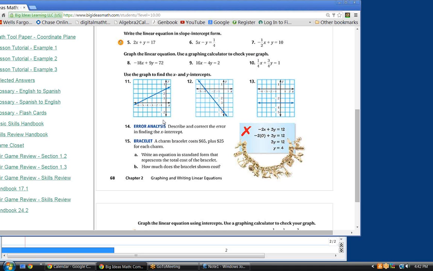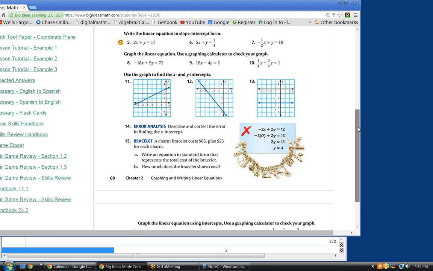Number 11, what's the x-intercept? Negative 6 comma 0. And the y-intercept? 0 comma 3. Okay, so I know you know how to do 11, 12, and 13. What's the x-intercept on 13? There is none.